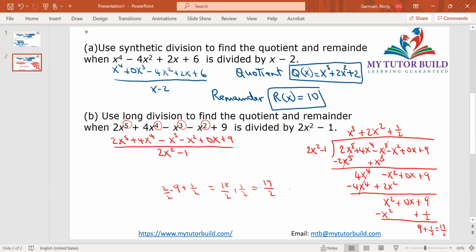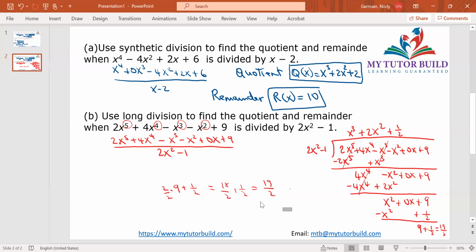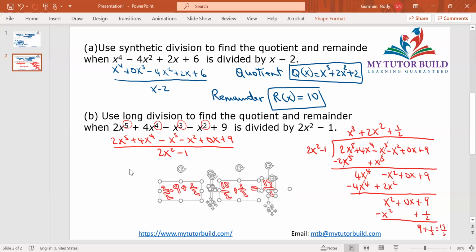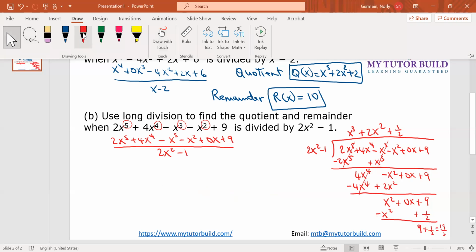Is that correct? All right. So what we do, I am going to erase again because I need space. Now, the question they asked me was, find the quotient and the remainder. So you know now the quotient.